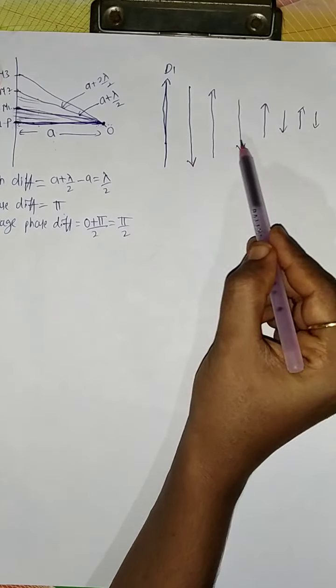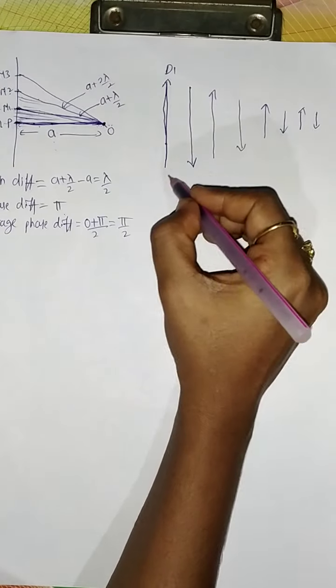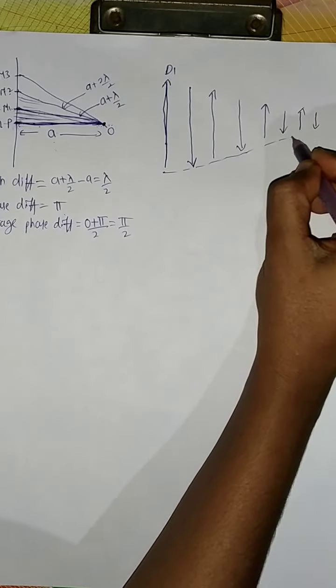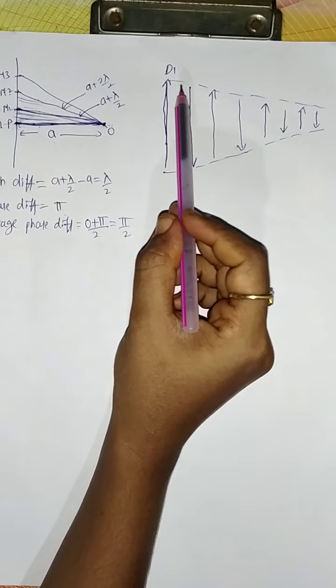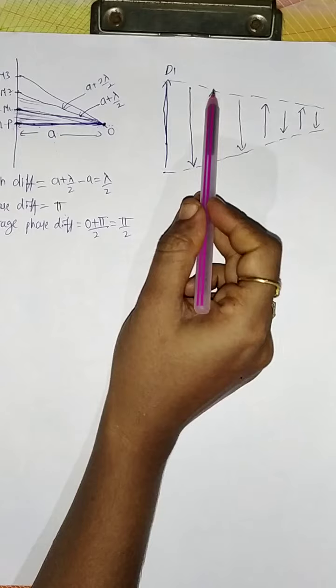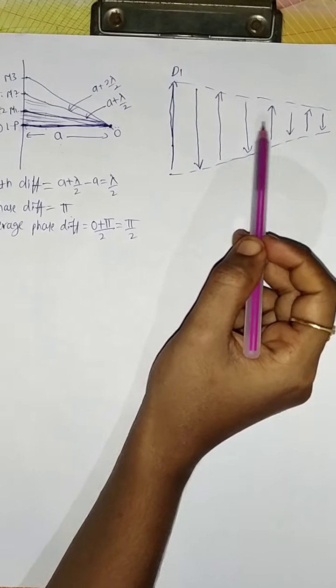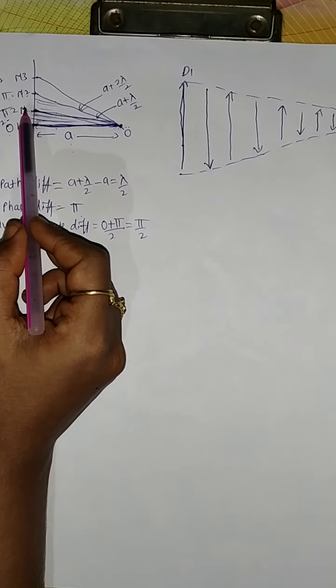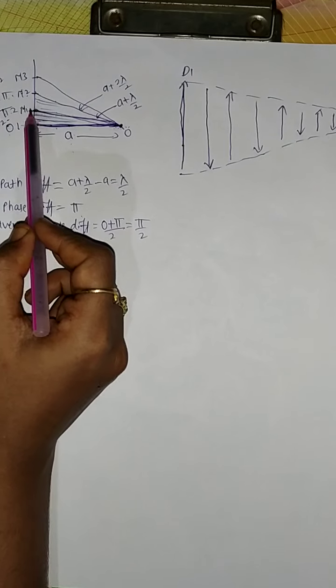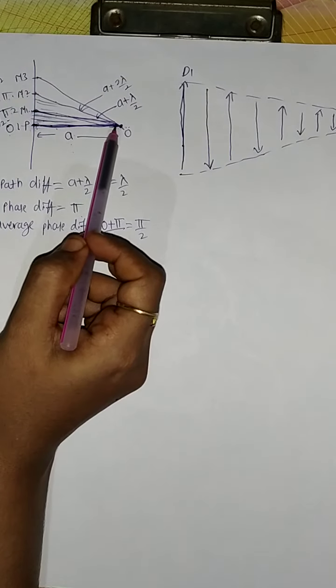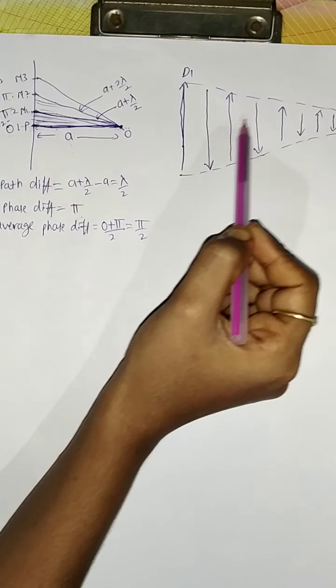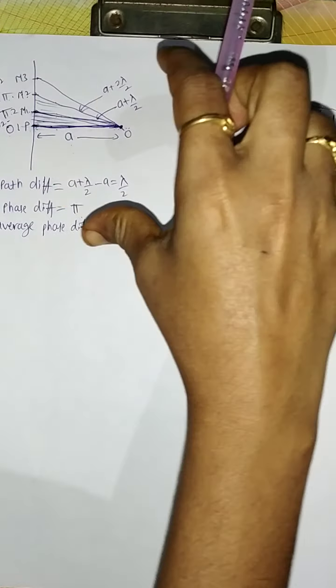Why did we get decreasing lines like this? Why do the lines go on decreasing? This is the first thing. And the second thing, why did I show a positive and negative amplitude like this? First reason is, as the distance of the different zones from point O goes on increasing, the amplitude goes on decreasing. So we got the decreasing line.